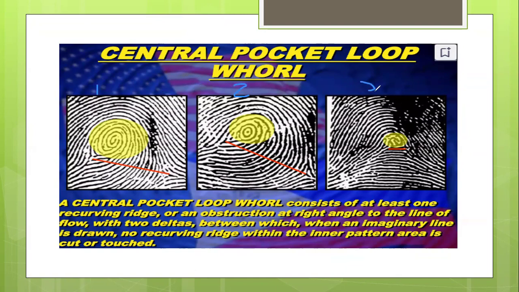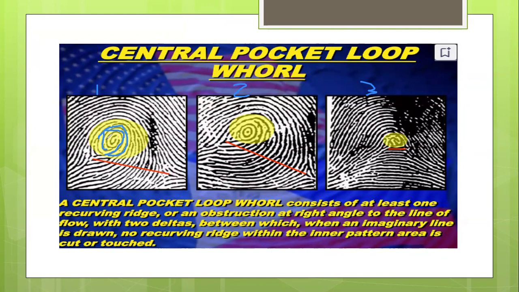Looking at number 3, it really looks like a loop, but when we look at the details, we can see that it has circuiting ridges inside. That is why it qualifies as a loop pattern, and it qualifies as a central pocket loop whorl pattern.